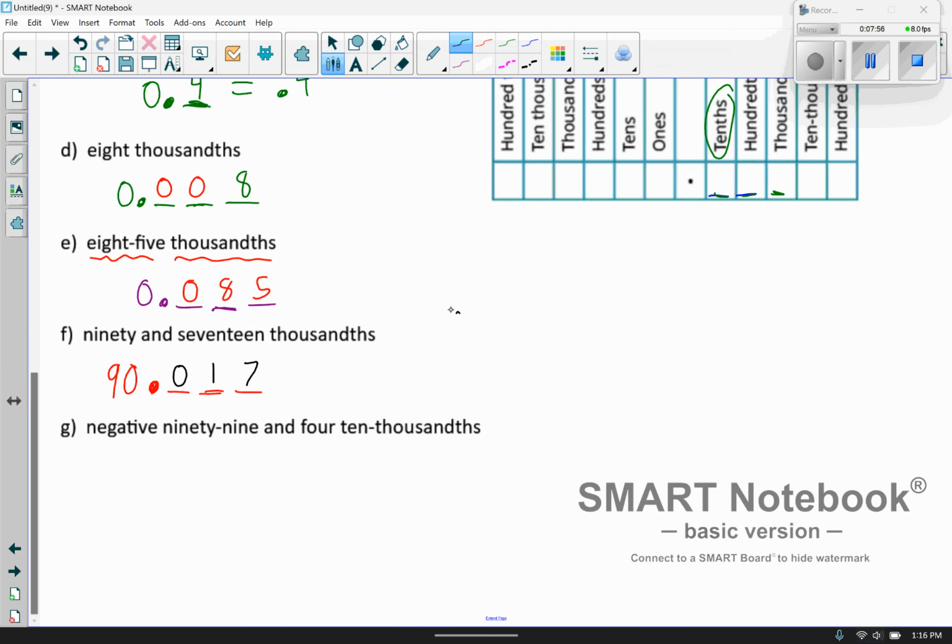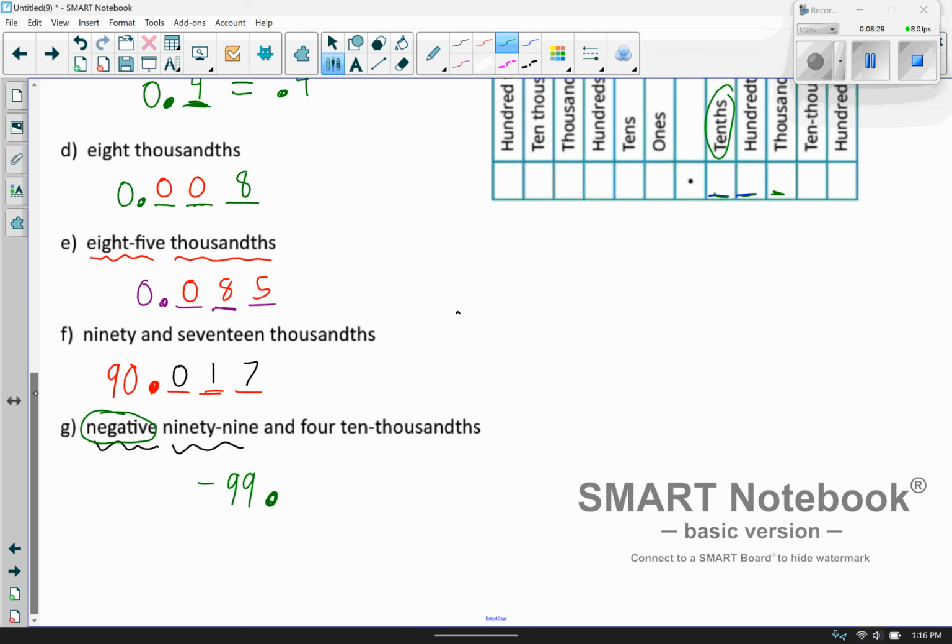Okay, the last one we're going to look at, let's see, we've got negative 99 and 4 10,000ths. Okay, so they threw the word negative in there. We haven't really dealt with too many negative numbers, but that's what it is. So negative 99, pretty simple. We just write negative 99 with our negative sign right there. And then 4 10,000ths.